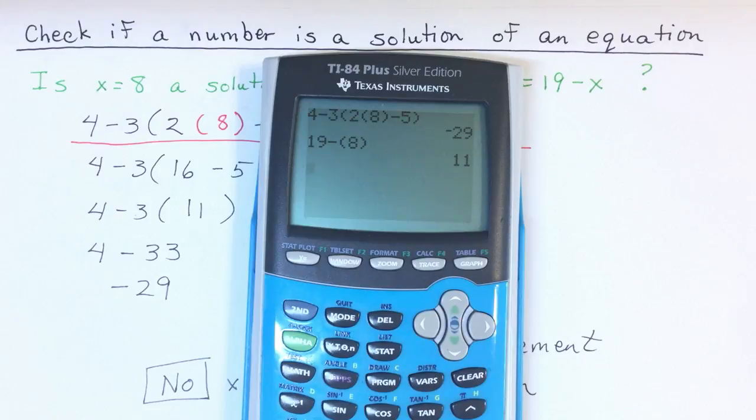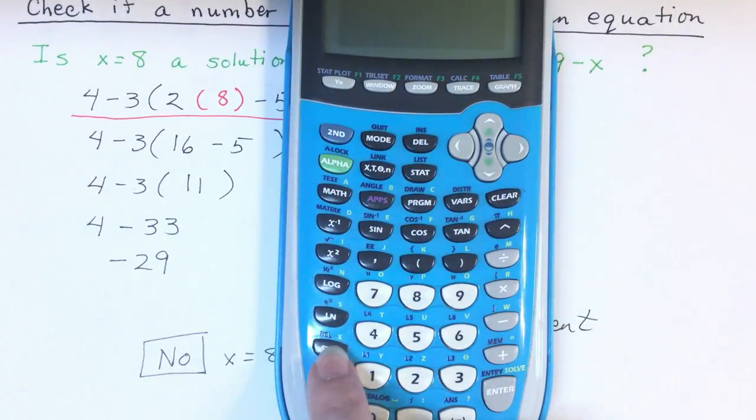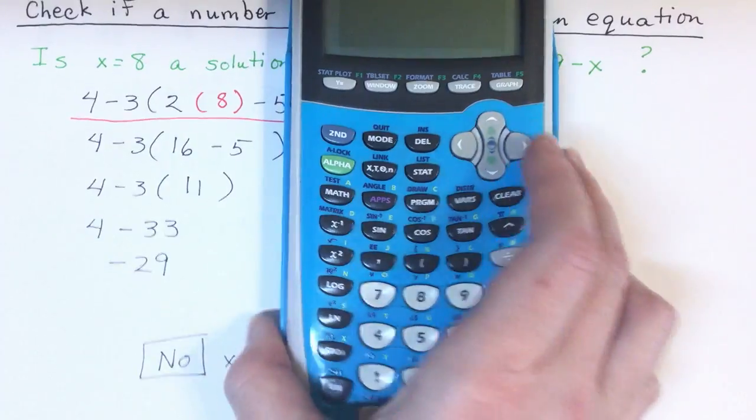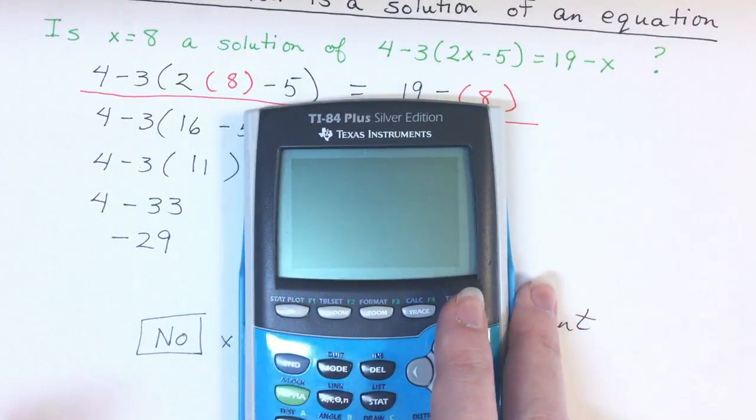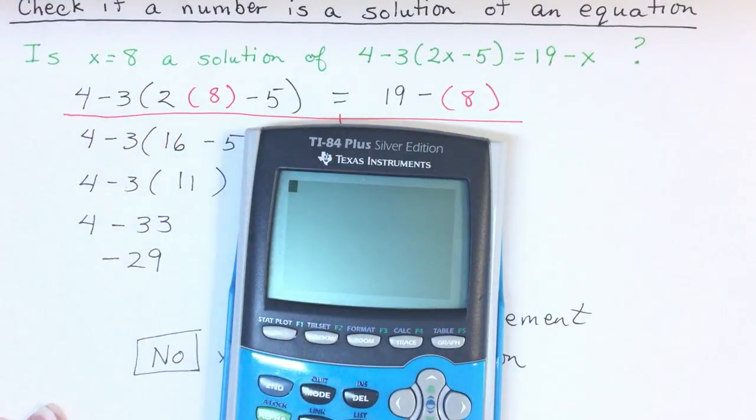Now, the graphing calculator is pretty cool because there's also another way I can do this. Here I have a variable key, x, t, theta, and n. And down here, right above the on, I have a store key, STO. So, I'm clearing out the calculator, and I'm wondering, is x equals 8 a solution?